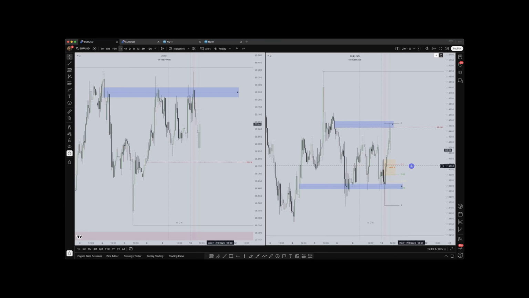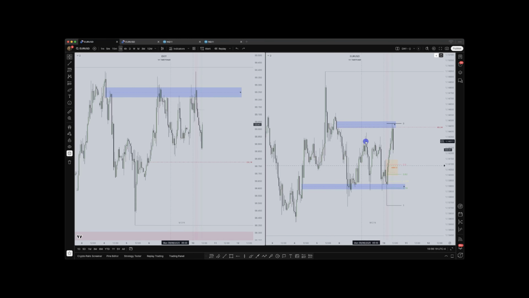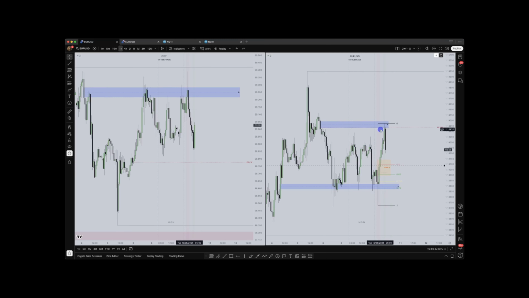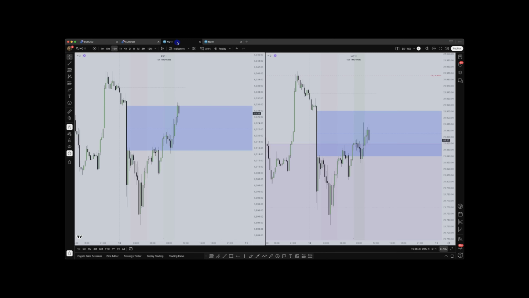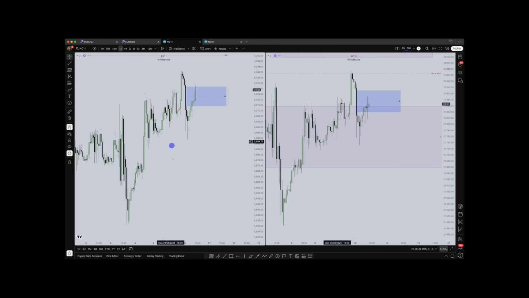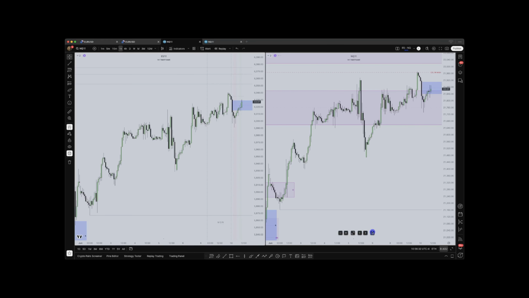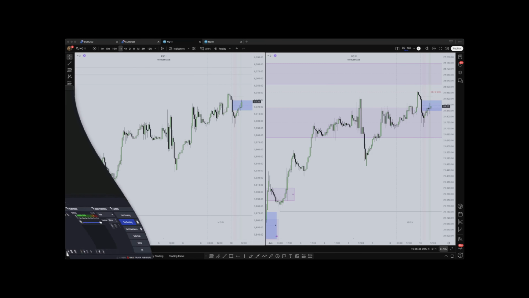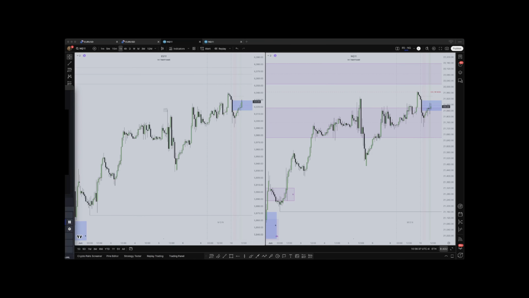So I have USD here, my alarm, accumulation, manipulation. Sorry, can you check dollar, USD?